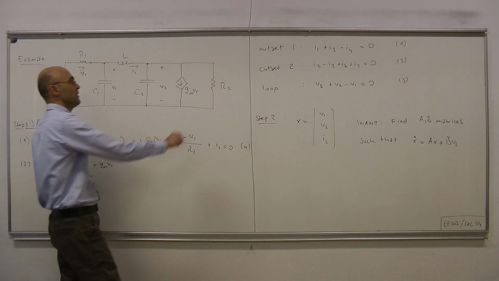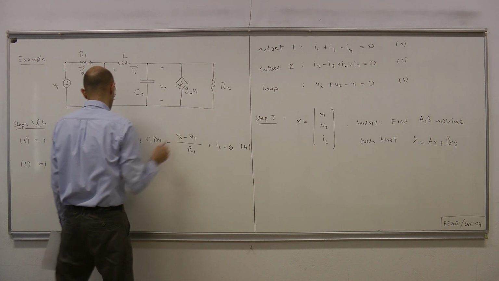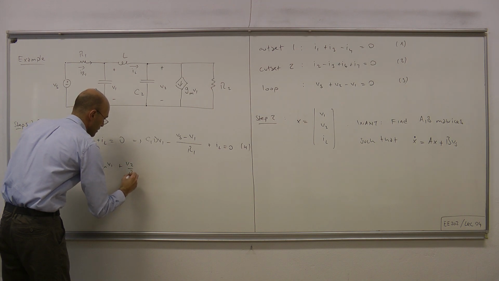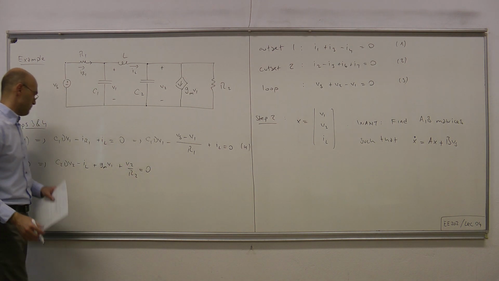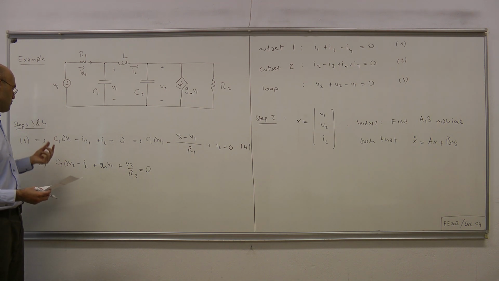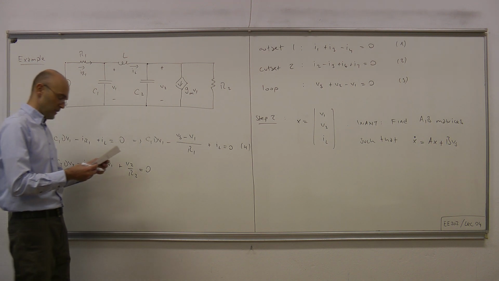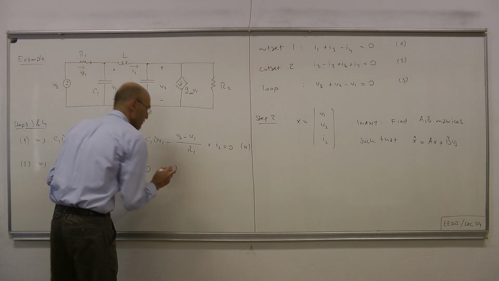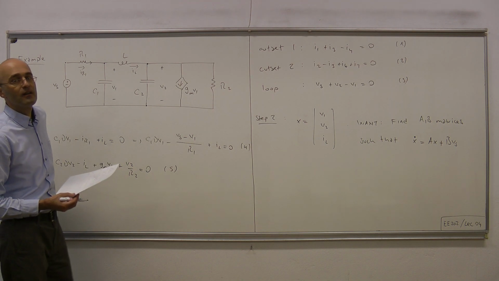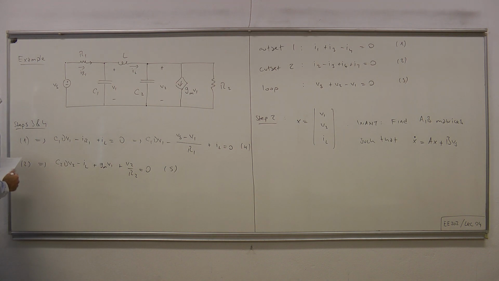But IR2 we can easily express in terms of our state variables, which is V2 over R2, plus V2 over R2 equals 0. This equation is also in a nice form because everything is in terms of our state variables and input. So let's give it a number, 5.